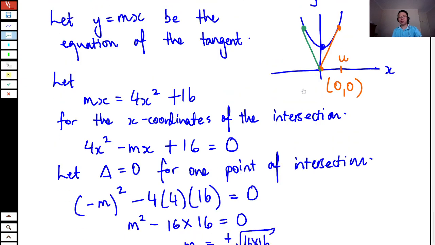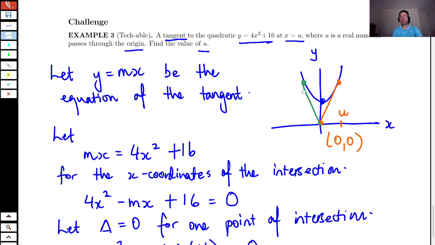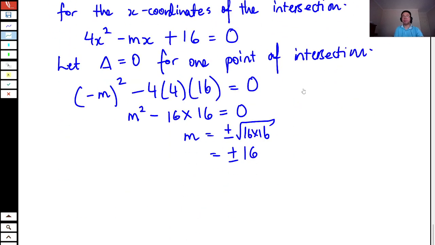Okay, so we found the gradient. Now let's see if we can find the value of u. Because I know the equation of the tangent, but I don't know where it occurs. So, here we go.